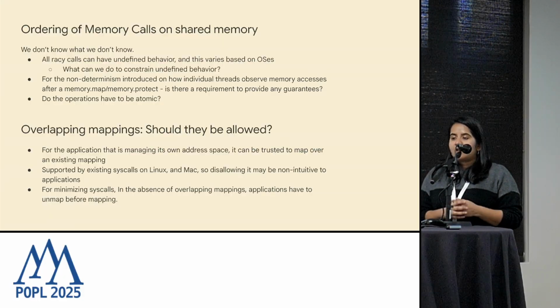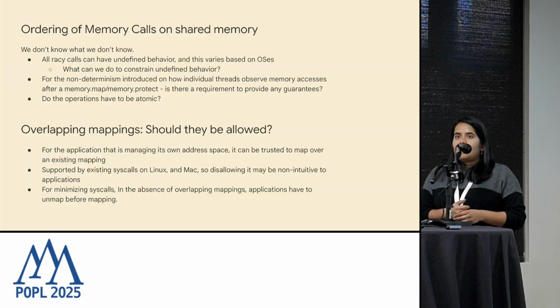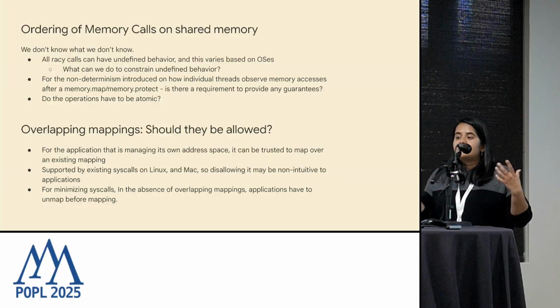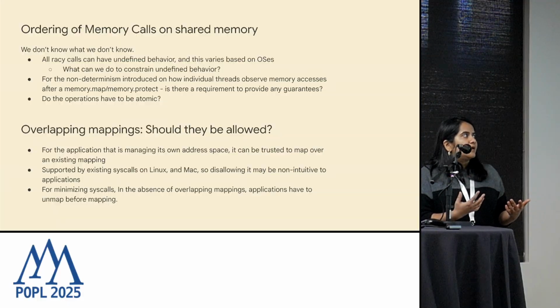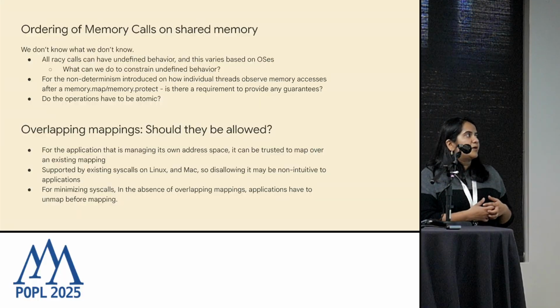All WASI calls have undefined behavior, and this also is very OS dependent. Do we want to do anything to contain this type of undefined behavior? Especially for the non-determinism introduced, we want to figure out how to think about how individual threads observe memory accesses.